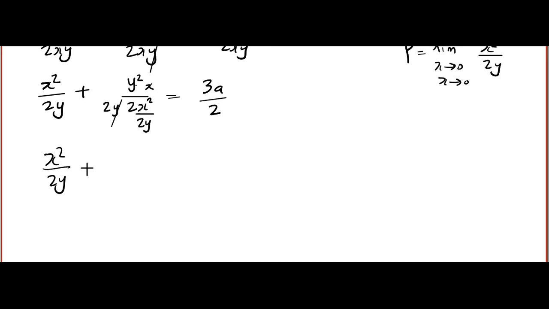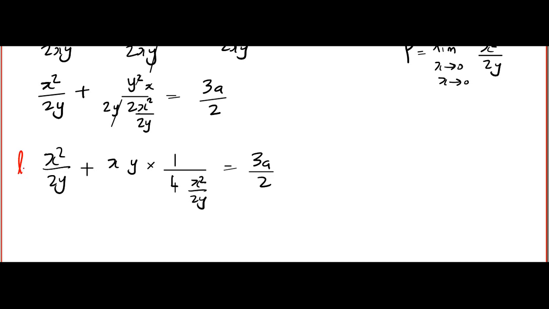plus x into y into 1 by 4 into x square by 2y is equal to 3a by 2. Okay, now take limits.